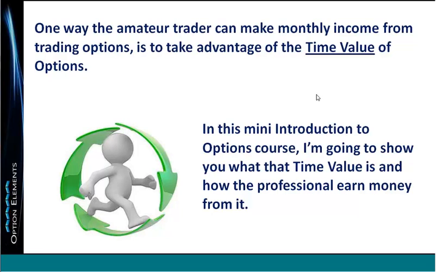Now, in this little introduction to options course, basically I'm going to show you what time value is and how the professionals earn money from it. And amateurs can do the same thing. With the advent of the internet and all the current technology that's available, it's easy for the amateur to take advantage of what the professional already knows, especially if someone's there to teach it to you.